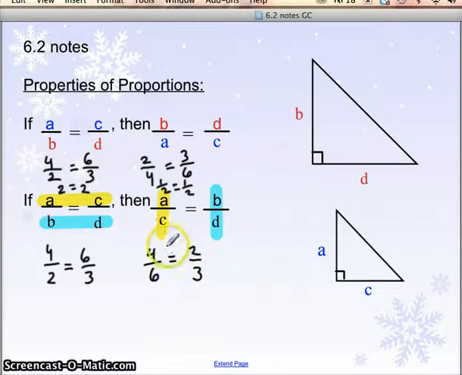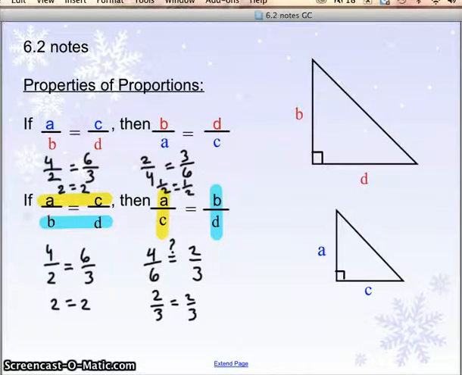And the question is, are those equal? Well, 4 divided by 6 reduces down to 2 over 3. So yeah, they are equal. Same thing over here. 4 divided by 2 was 2, and 6 divided by 3 was 2, so they are equal. Okay?